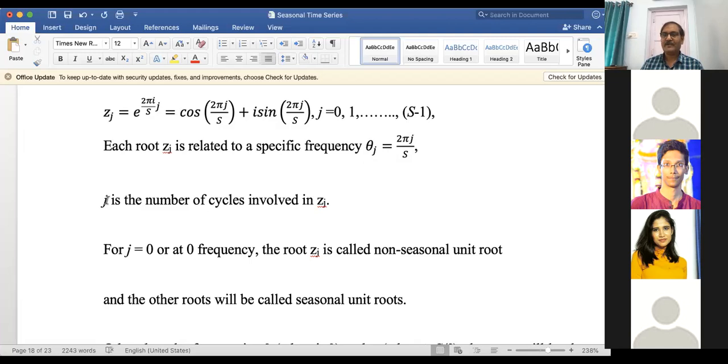Have you got my point? So if we set j equal to 0 or theta j equal to 0, we have a case of the root with 0 cycle or 0 frequency. So the 0 frequency characteristic root implies the value of the characteristic roots for non-seasonal cases without considering the seasonal variation.